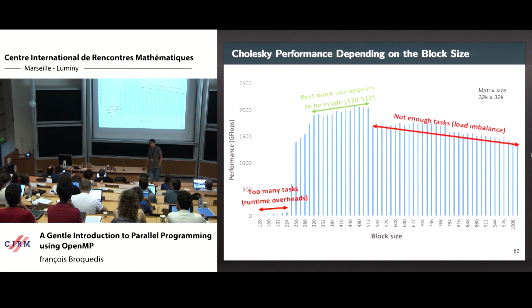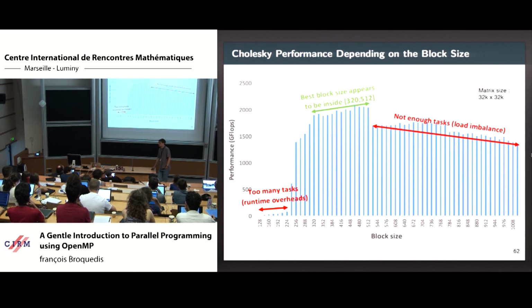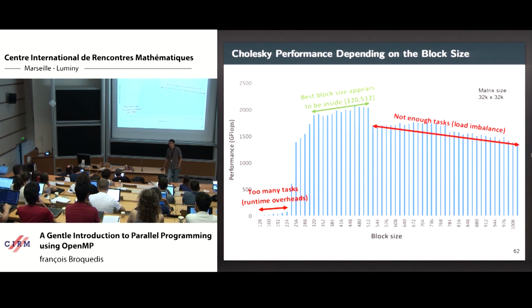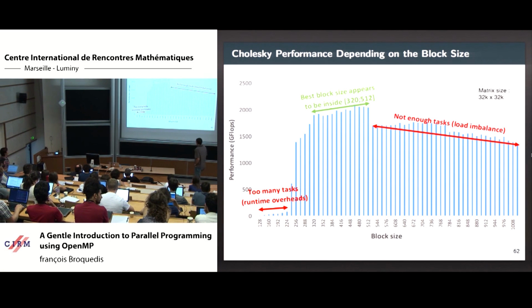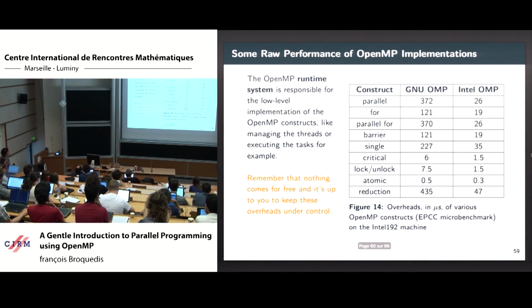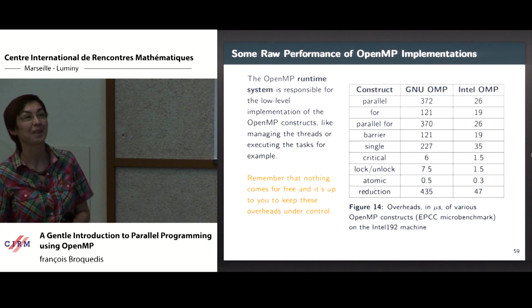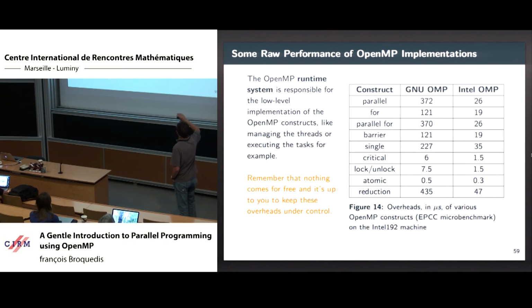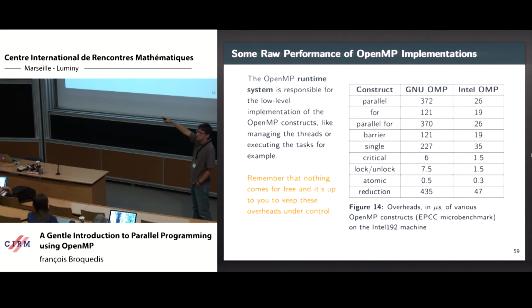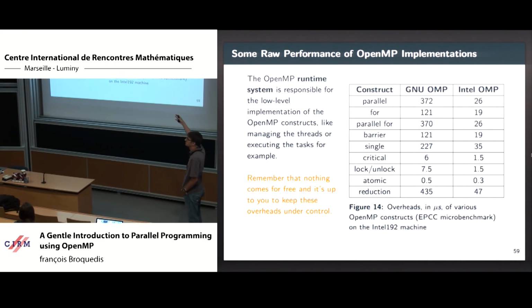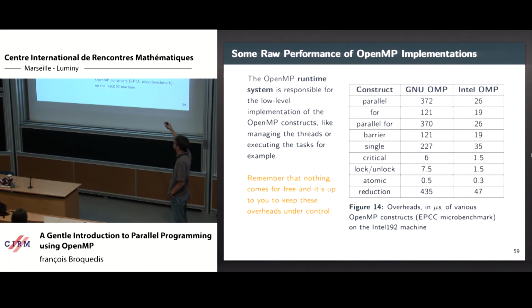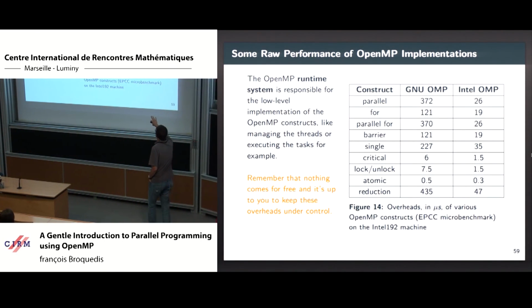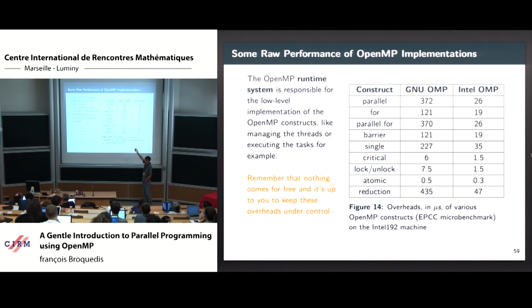Okay, so it depends on the OpenMP implementation mainly. So, for example, I didn't have the time to show this slide, but this is a good opportunity. Here I compare what I call the runtime-related overhead of implementing the OpenMP constructs for both the GCC OpenMP implementation and the Intel OpenMP implementation.